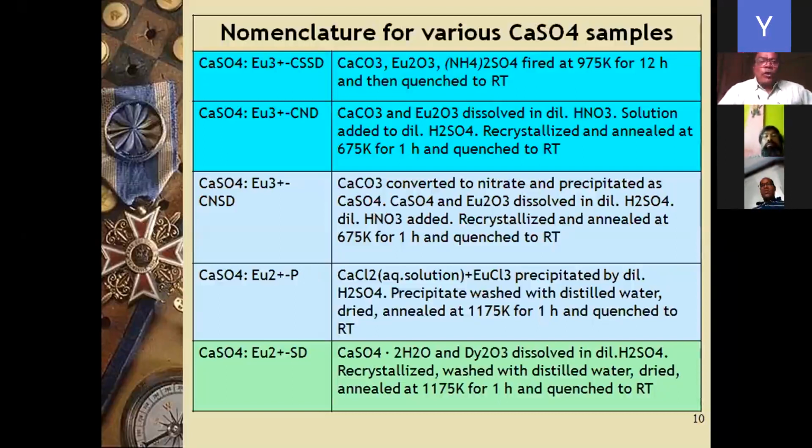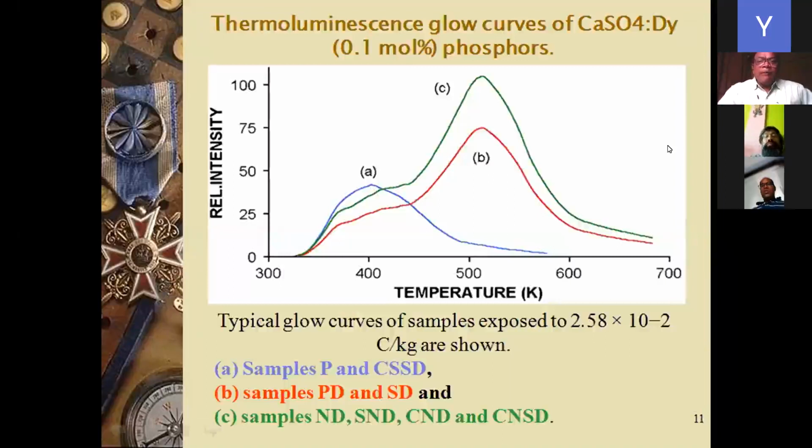These 14 techniques we have prepared the same, and what we have found is like this. PL groupings. Look at the green. C 1 mole, 0.1 mole percent Dy2O3. All the samples P and CSSD are A type, having a single peak around 400 degrees Kelvin.